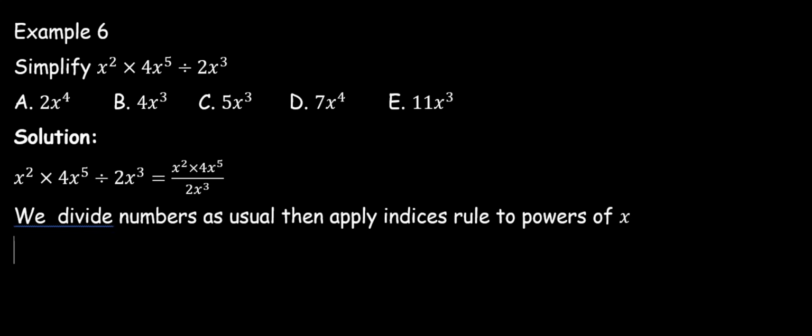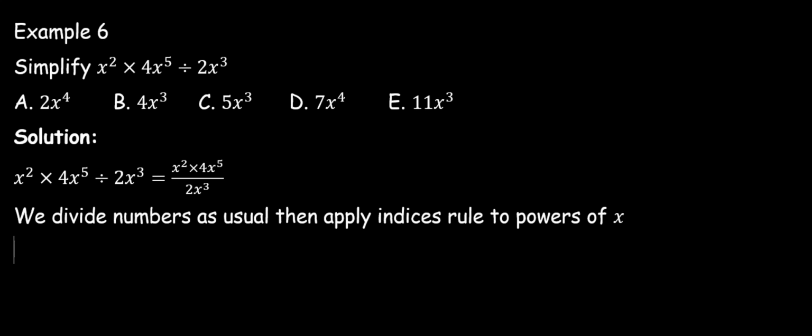Expressing it properly, we will have 4x raised to power 2 plus 5 in fraction form, over 2x raised to power 3, which is equal to 2x raised to power 7 minus 3, which is equal to 2x raised to power 4.